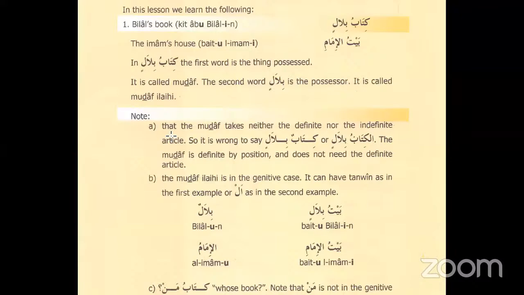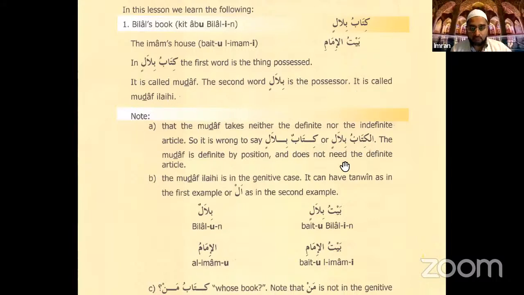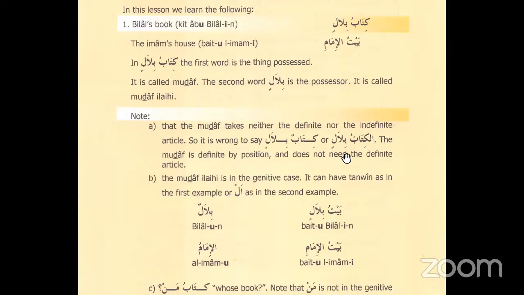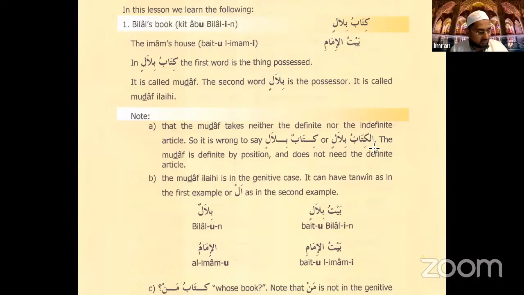Note that the mudaf takes neither the definite nor the indefinite article. So it is wrong to say al-kitabun bilalun or kitabun bilalan. The mudaf is definite by position and does not need the definite article. So remember, the article is the alif lam.